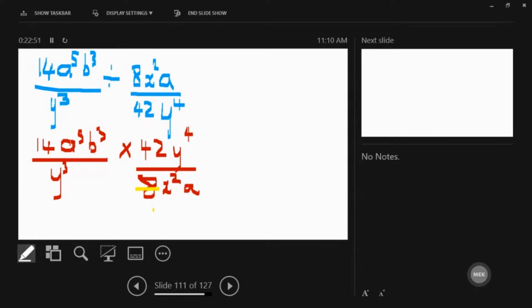So 2 into 8, 4. 2 into 42, 21. 2 into 4, 2. 2 into 14, 7. y to the third power cancels y to the fourth power and leaves y to the first power, or just y. We don't have any x squared up here to cancel, but a cancels a to the fifth power and leaves a to the fourth power.